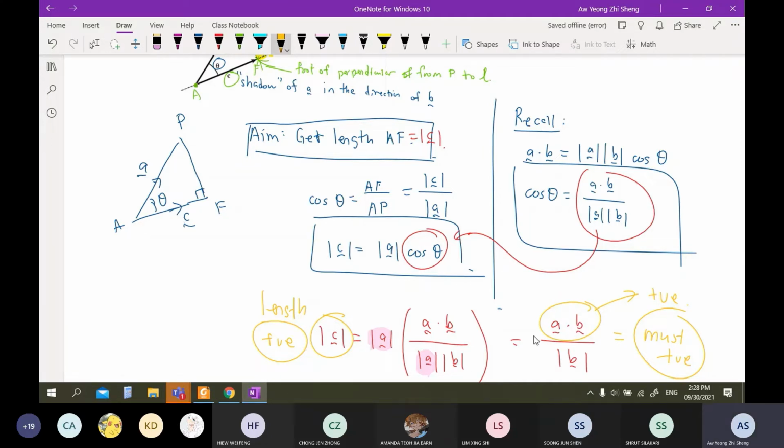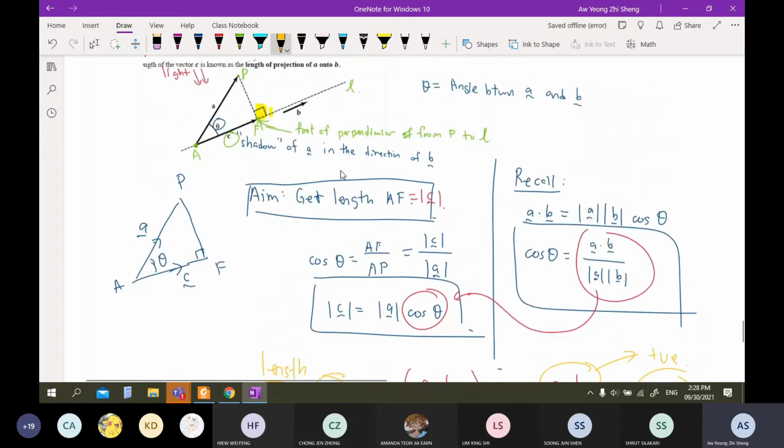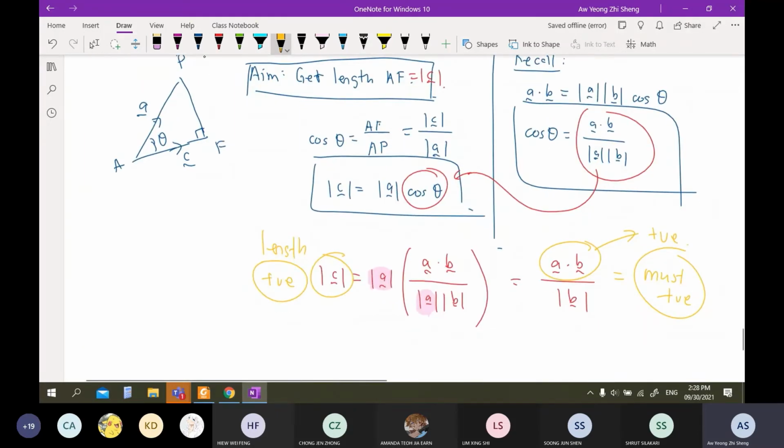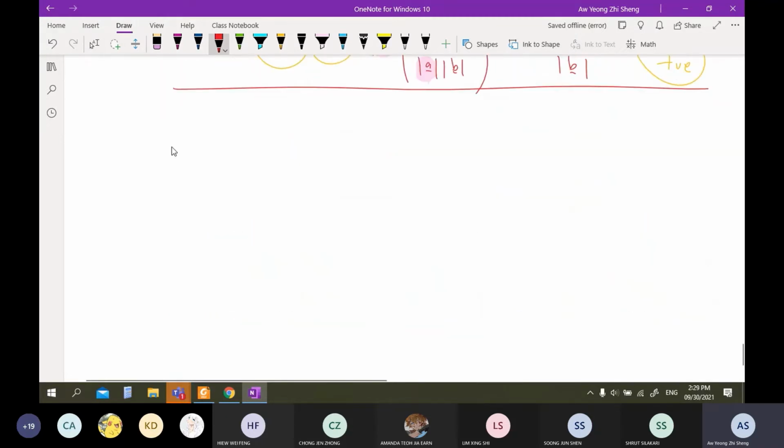And when theta is obtuse, A dot B becomes negative. There's a long story behind how you can obtain a similar formula when theta is obtuse. I'm not going to tell you the story, but just accept that for the formula to be applicable, even for the case when theta is obtuse, the way to fix it is you just introduce modulus above. And then the formula will be applicable for both the case when theta is obtuse and also for theta is acute.